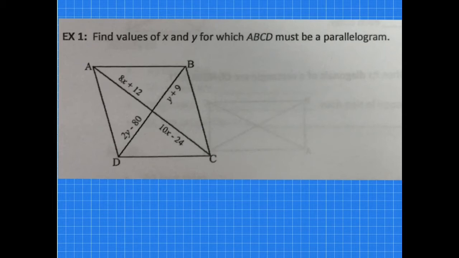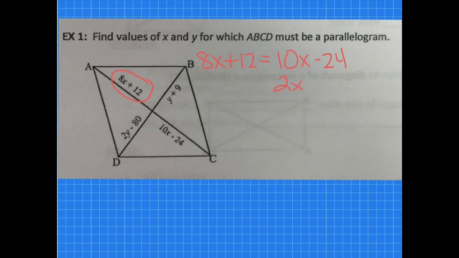Let's look at our first example. We need to find the values of x and y for quadrilateral ABCD, and it must be a parallelogram. Well, we know that if it's a parallelogram, then 8x plus 12 must be equal to 10x minus 24, because remember the diagonals bisect each other.